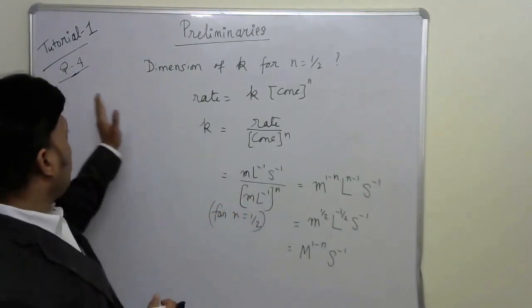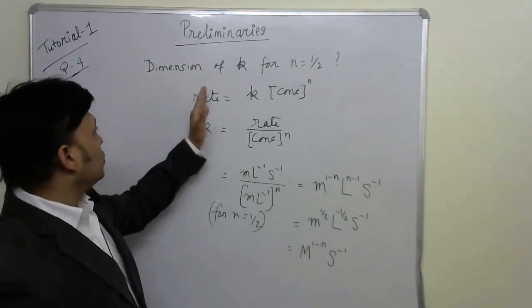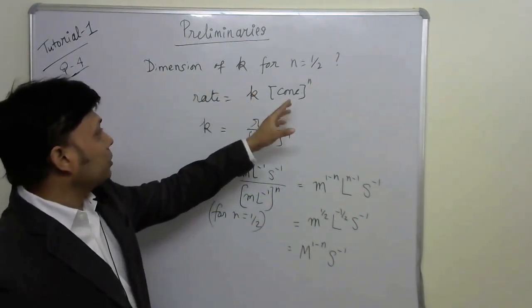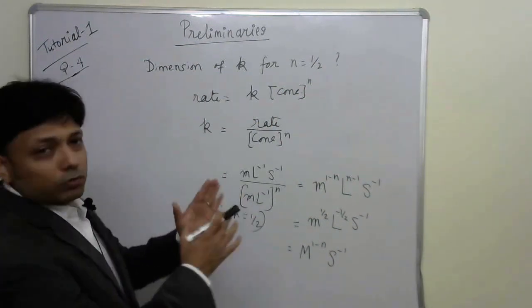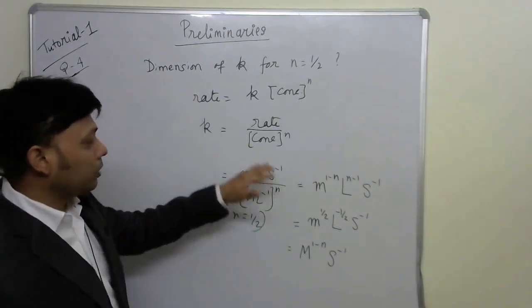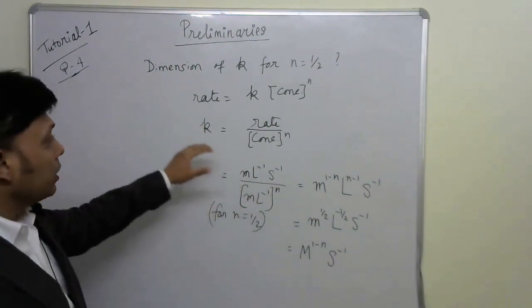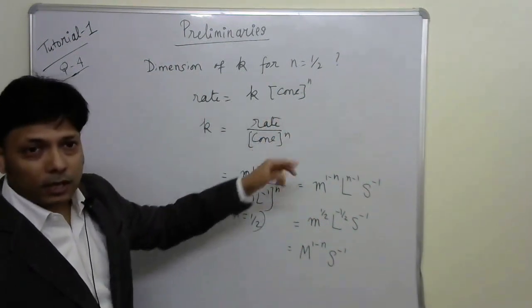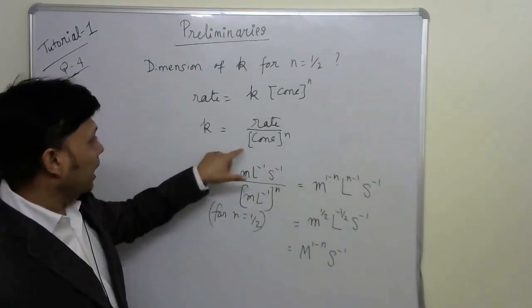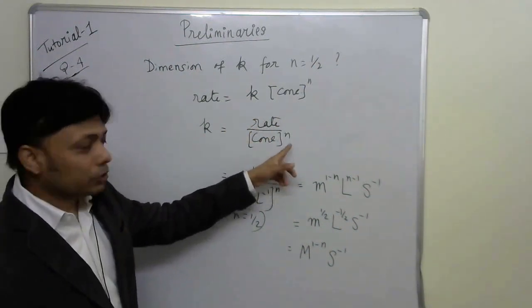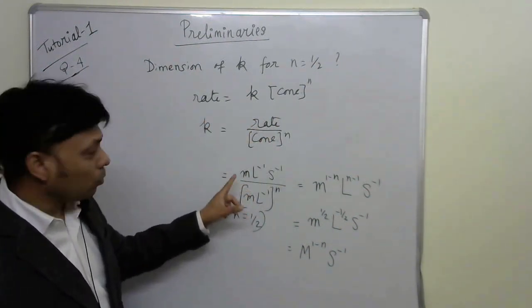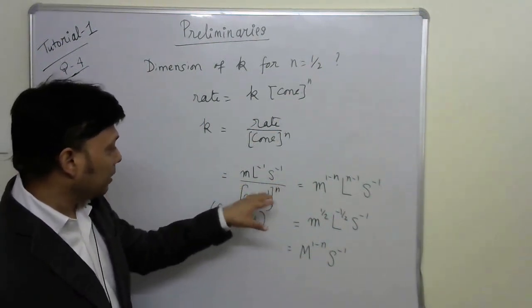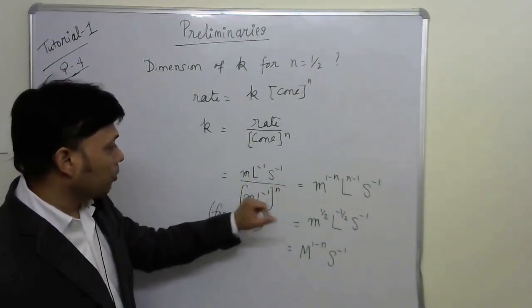Question number 4 asks you to find the dimension of the rate constant for a half order reaction. For this type of question, we actually derive a generalized expression. So rate is equal to this, and from there we express k is equal to rate divided by concentration to the power n. Then we put the correct dimension of the rate, moles per liter per second, divided by moles per liter whole to the power n.